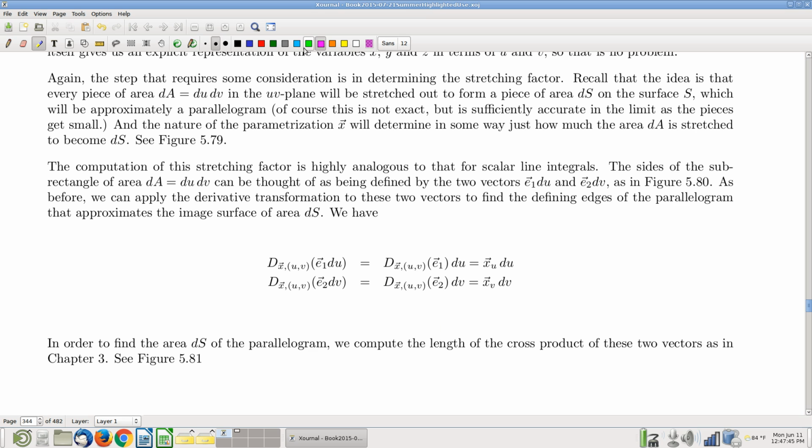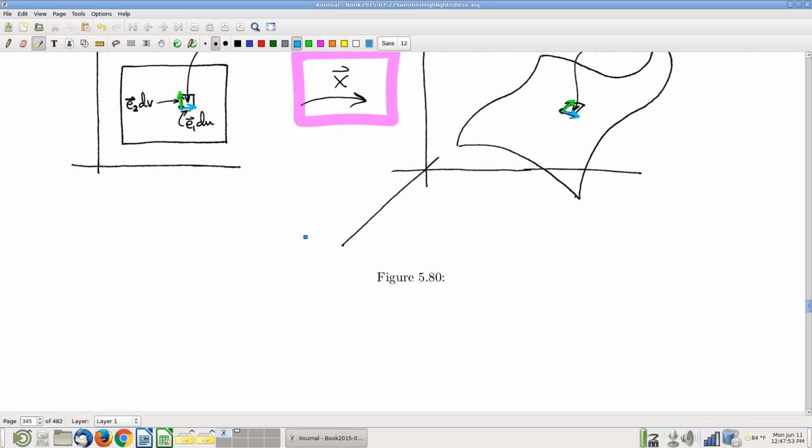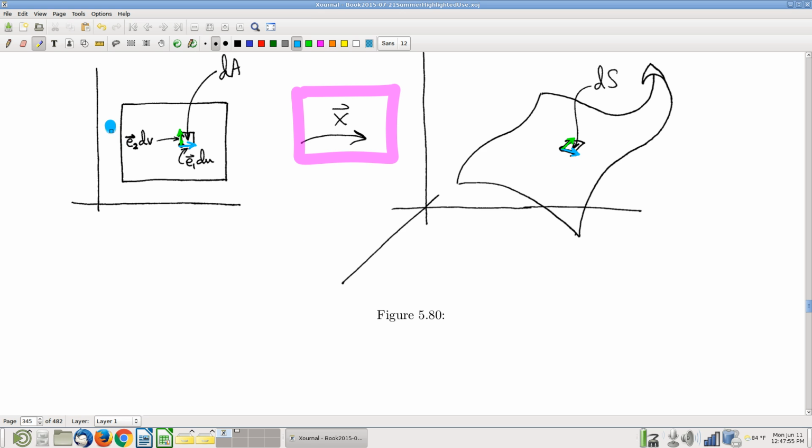So our input vectors, I claim are E1 du and E2 dv. Let me find where I have that. Yeah, here we go. E1 du, E2 dv. Now, just to be clear, why is this little blue vector here E1 du? Well, it points in the u-axis direction.